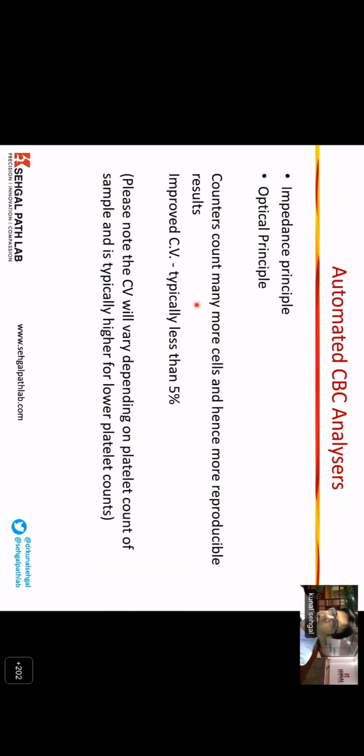Why are counters better and more reliable? So a well-maintained counter with good quality reagents, running controls, and using instrument-specific reagents is invariably far more reliable than the platelet smear count, unless it gives flags and says there are clumps. Okay, why? It counts far more cells than the human eye, is more reproducible, and typically has an improved CV of less than 5%.